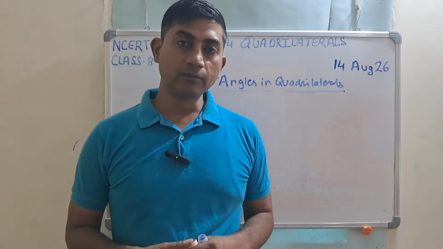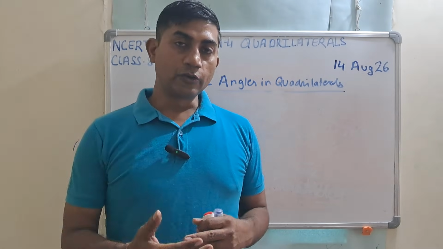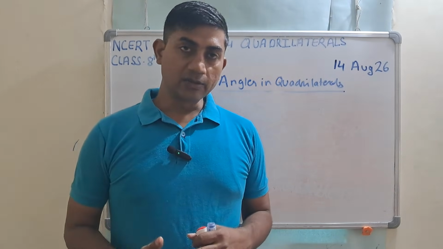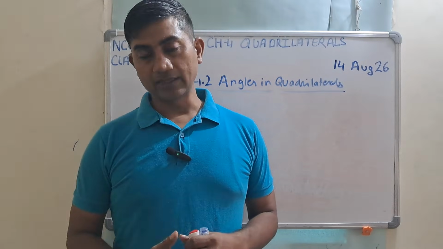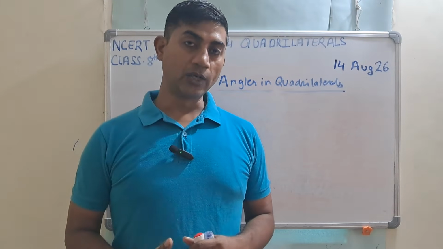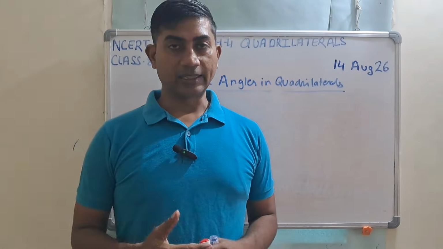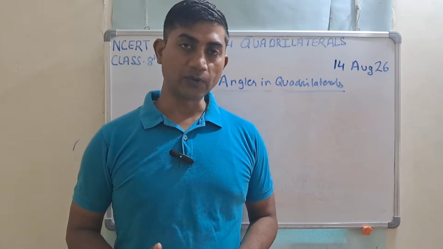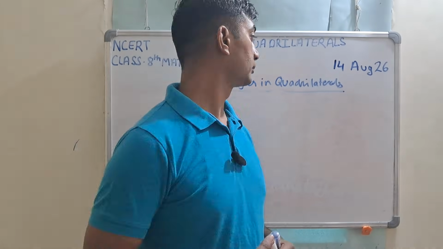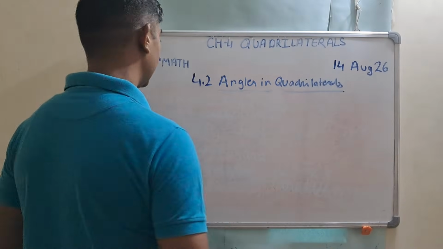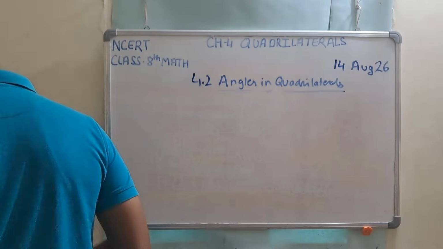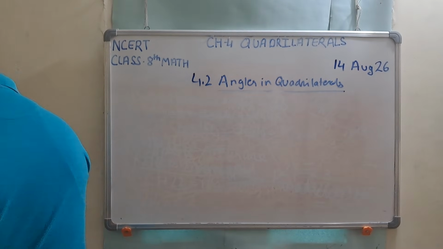And in a parallelogram, the consecutive internal angles sum is 180 degree and the opposite angles are equal, and rectangle and square are the special cases of the parallelogram. Now we'll see what is next in our chapter.